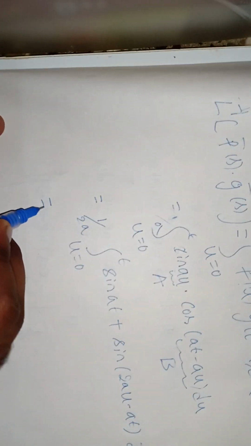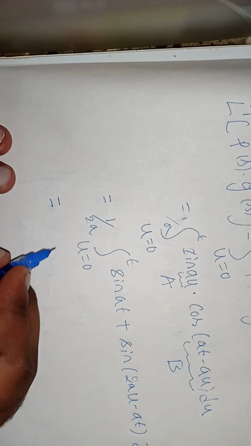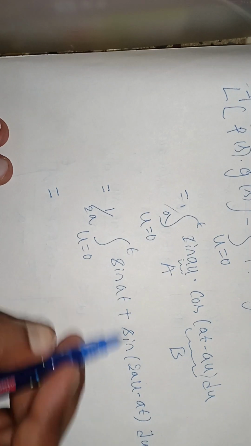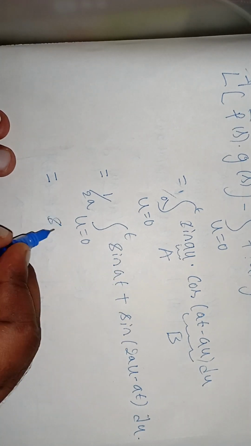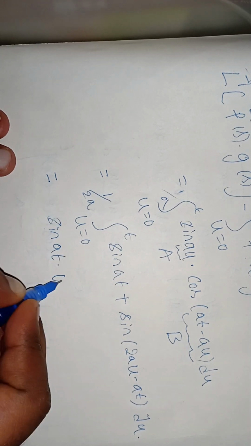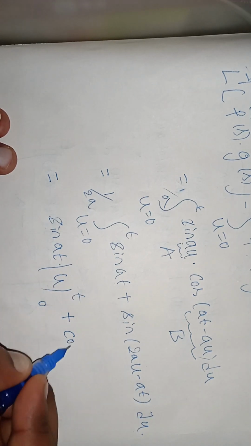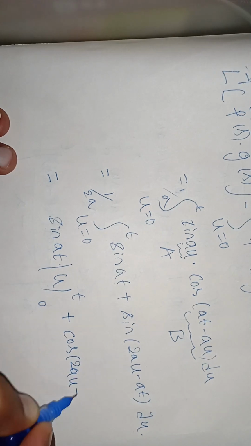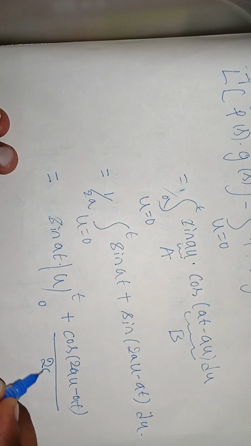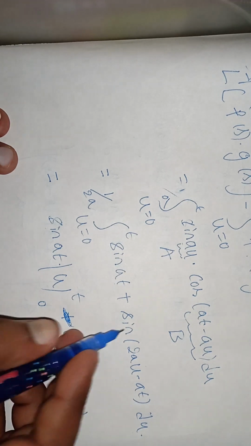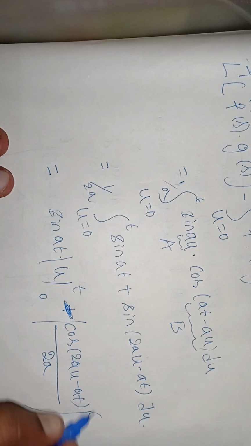So you should use the sin of A plus B plus sin of A minus B result, and if you integrate you end up with sin at into du, because you are integrating with respect to u, sin at is constant, so you get sin at into u from 0 to t, plus this term is cos of 2au minus at whole divided by 2a, and this is minus because integration of sin is minus cos, and it will take the limit 0 to t.